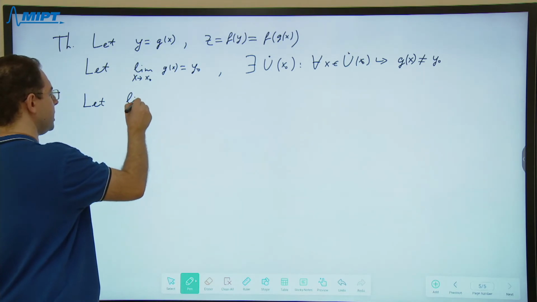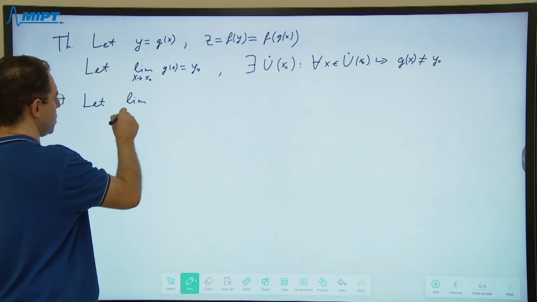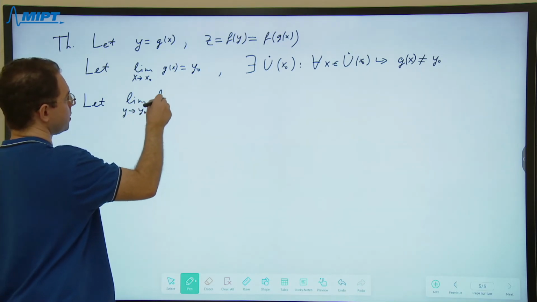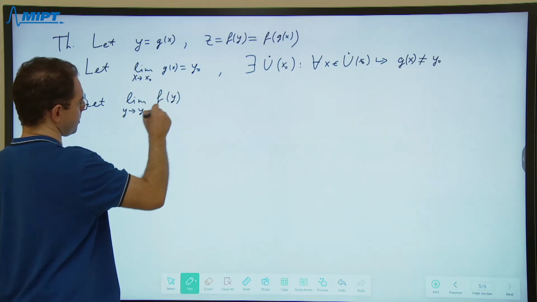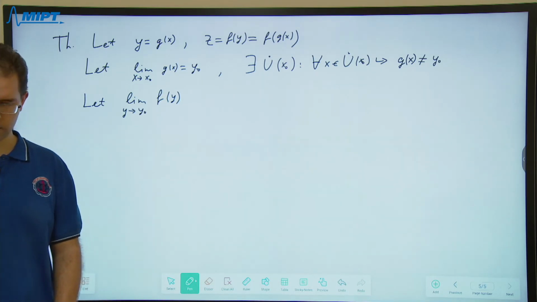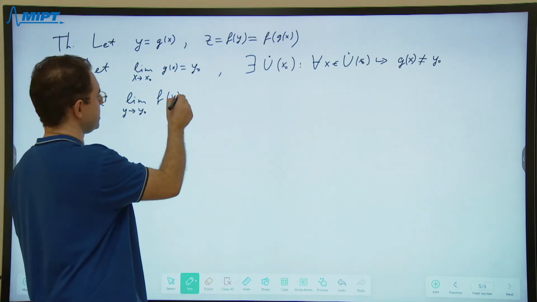Let there be a limit as y tends to y0 of my function f of y. We will call this limit z0.